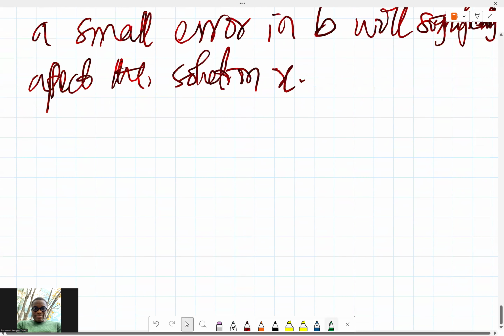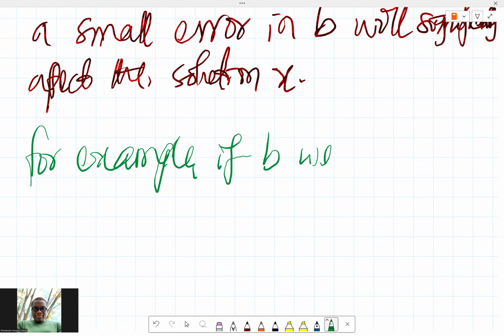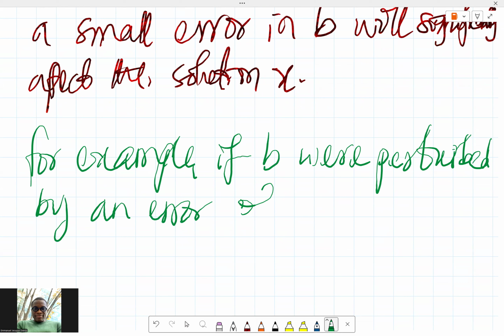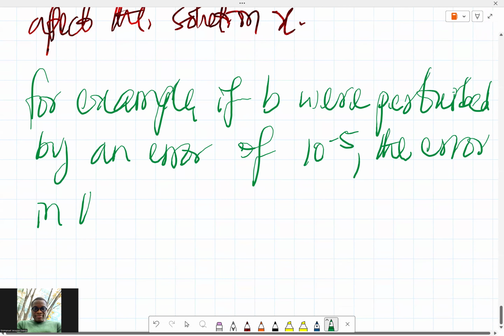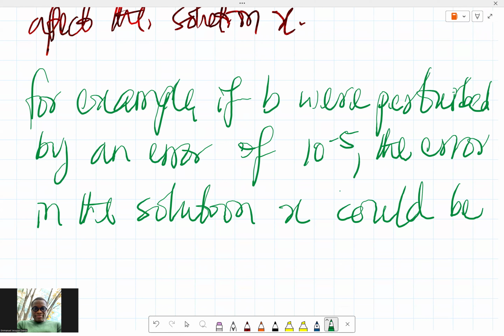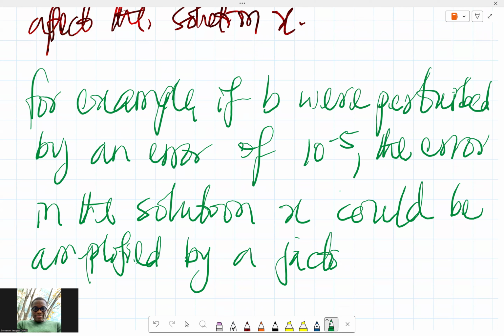For example, if B were perturbed by a tiny error of 10 raised to minus 5, that's 0.00001, the error in the solution X could be amplified by a factor of K of A, which is big, right? 141.5.